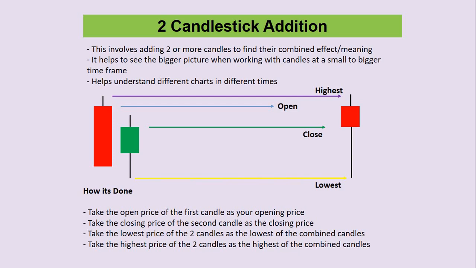Now you need to understand why we add candles. In this case, if you are looking at the first red candle, you can see that it's a bearish candle. When you look at the second green candle, you can see that it's a bullish candle, but it is contained within the red candle. But when you add these two candles together, you get a result. Now, if you go back to previous lessons, you remember that we looked at something that we called a hammer.